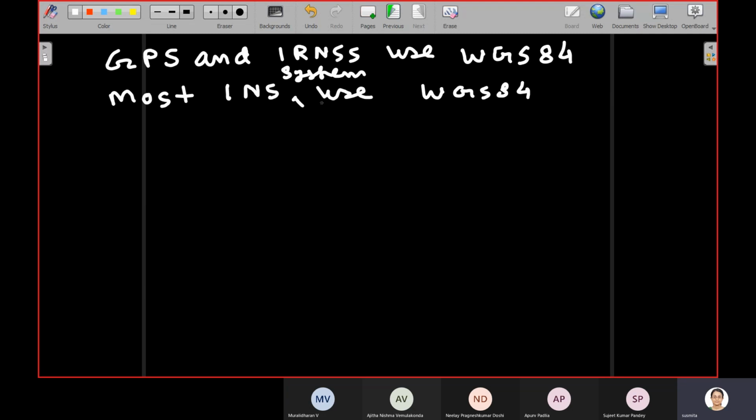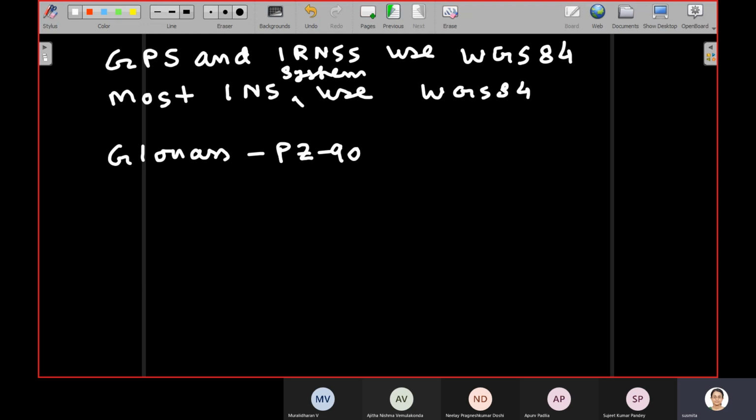Okay, but other satellite navigation systems have their own standards. For example, GLONASS, the Russian system, has PZ90. This is a different standard they use.